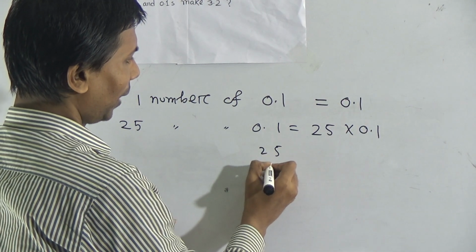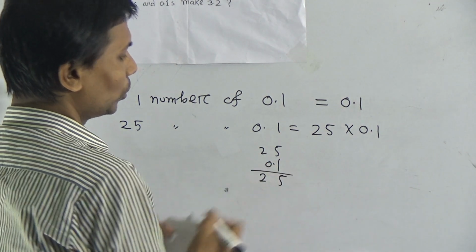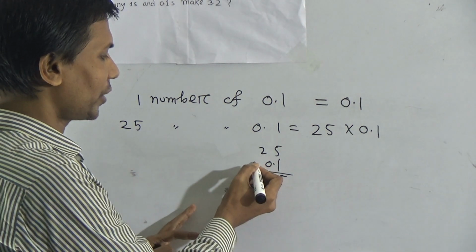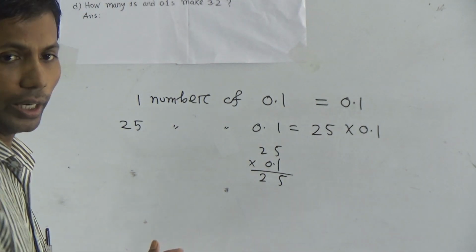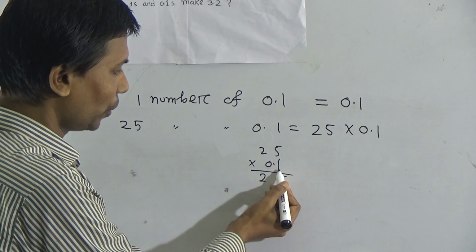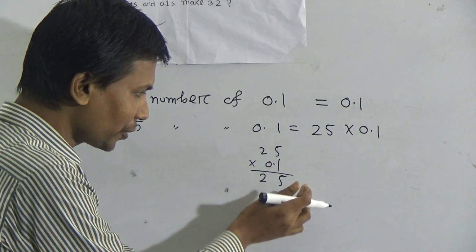Multiply: 5 ones are 5, 2 ones are 2. Remember that when you multiply, you think there is no point here. After multiplying, you have to set the point. You see, after one digit there is a point, so you put the point after one digit from right to left.